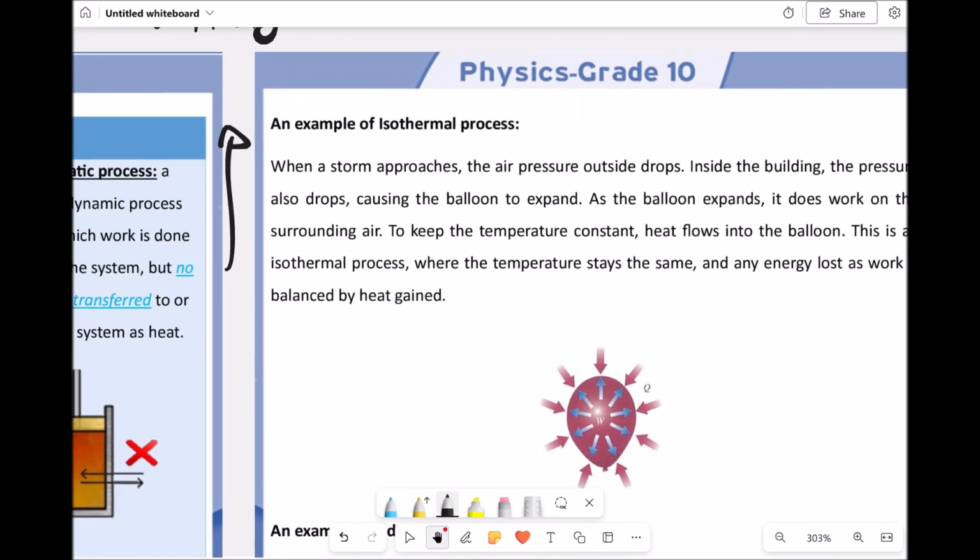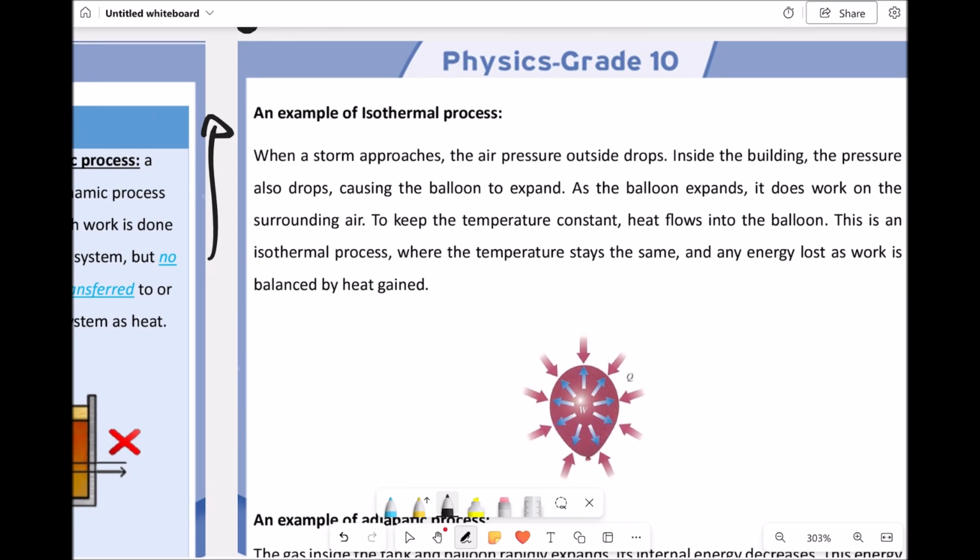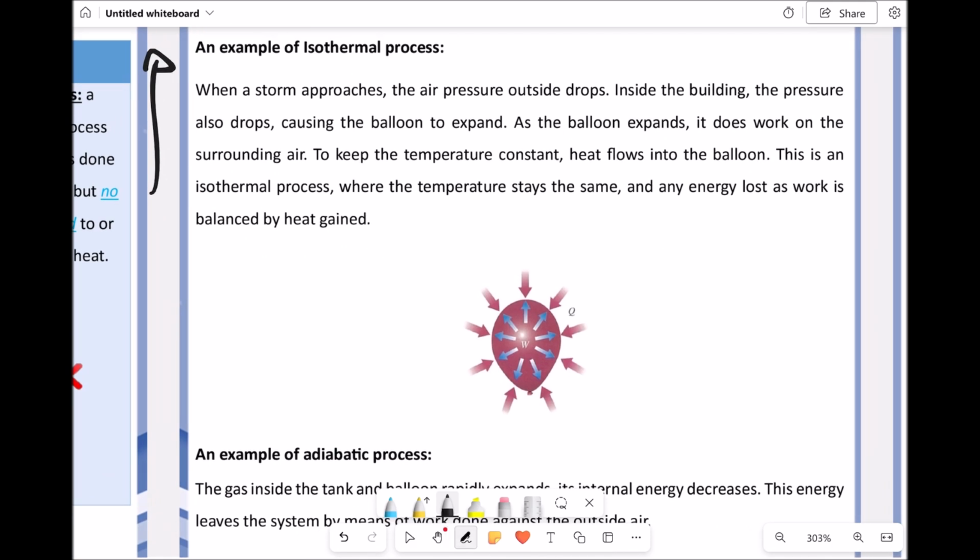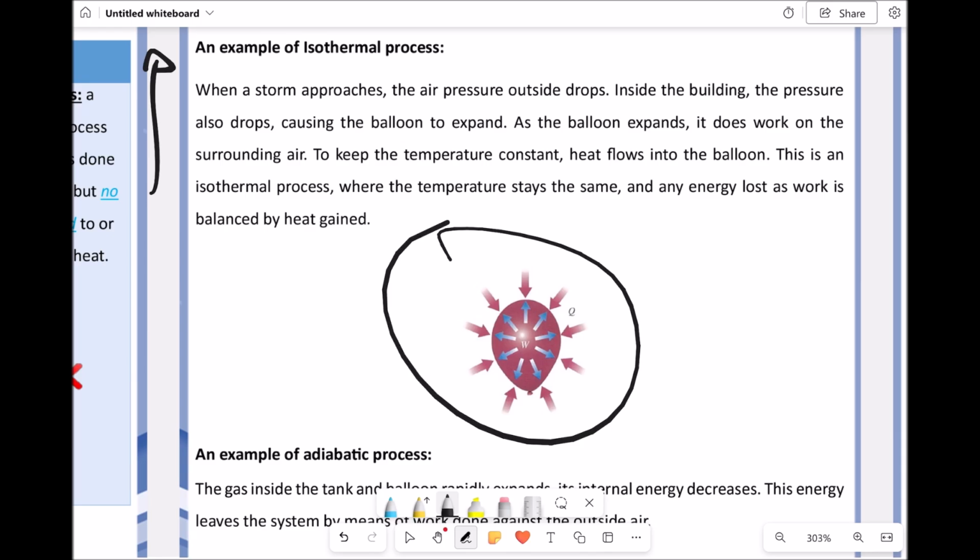an example of isovolumetric process. We have an example of isothermal process. Basically, when a storm approaches, the pressure outside decreases. If you have a balloon like this, when a storm approaches, the pressure outside decreases, and then the balloon is going to expand, because there is no external pressure pushing on it, so the temperature here is going to be maintained constant.